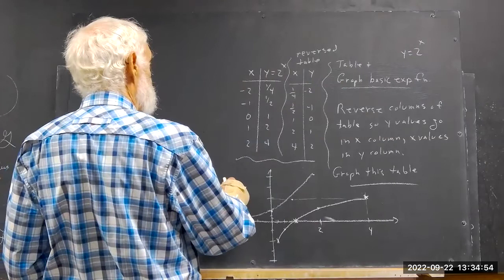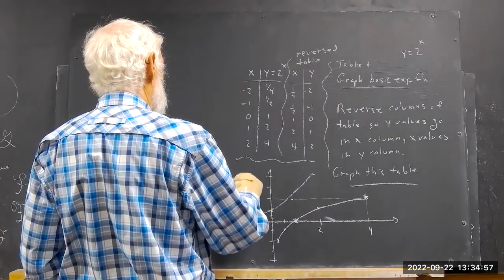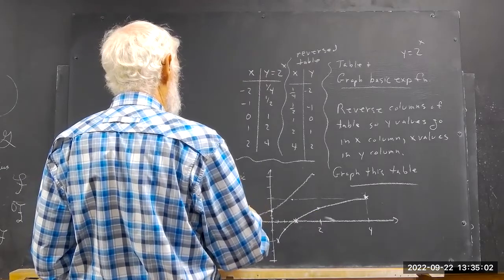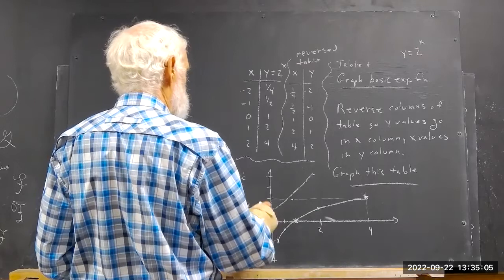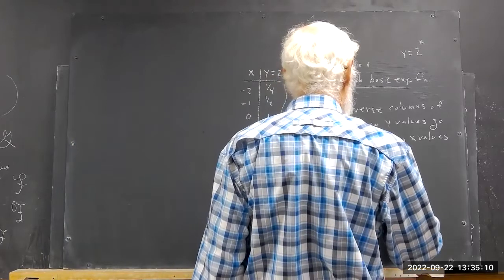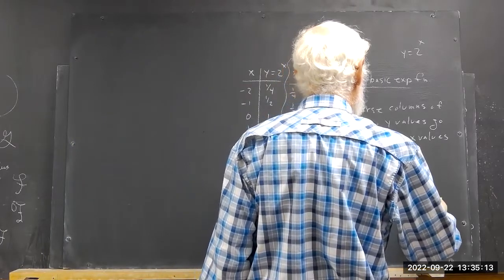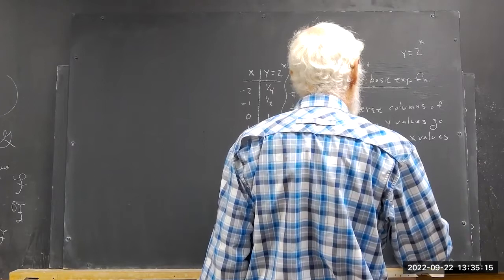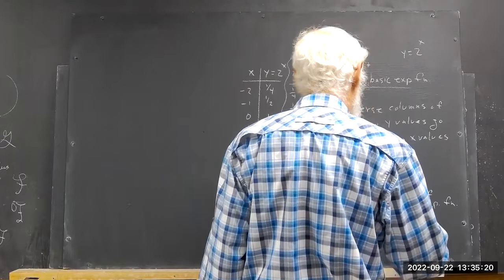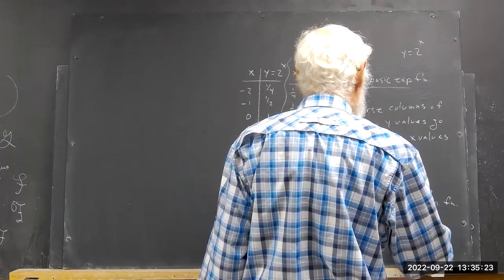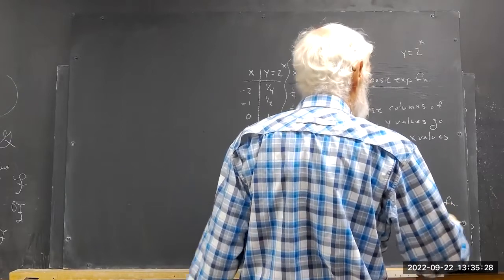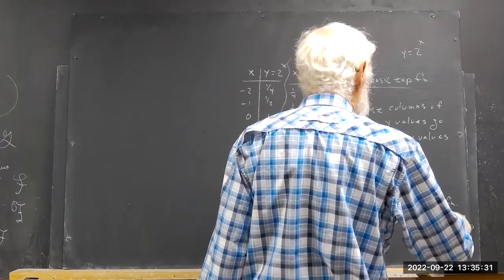So here's our basic exponential function y equals 2 to the x. Here's the inverse. You don't really need to know this or remember, but if you do, you'll need it later.